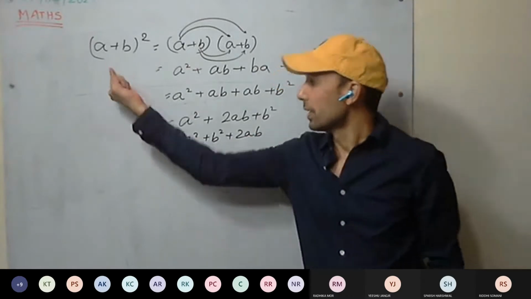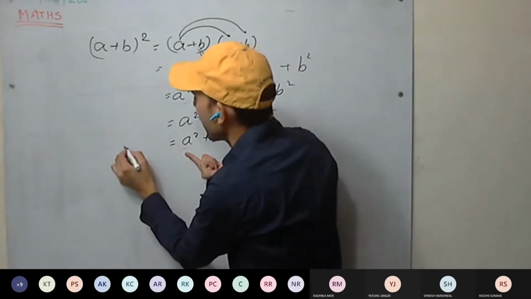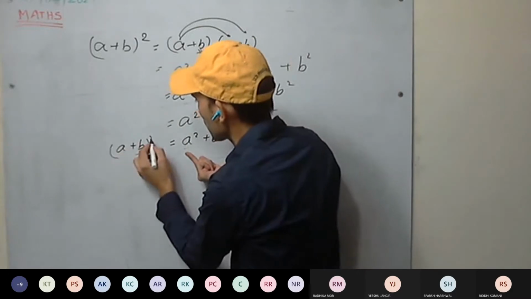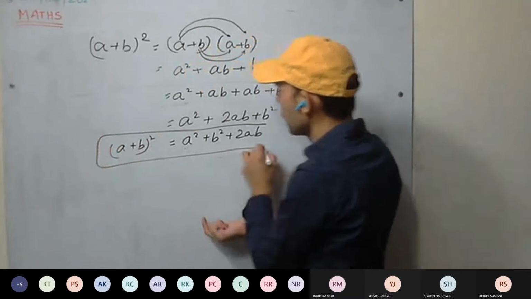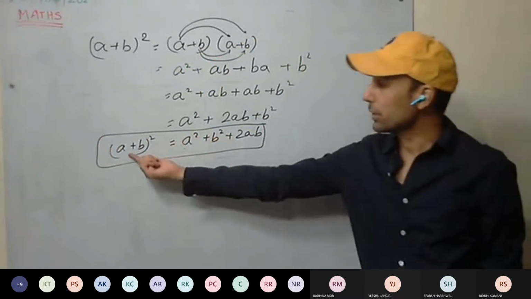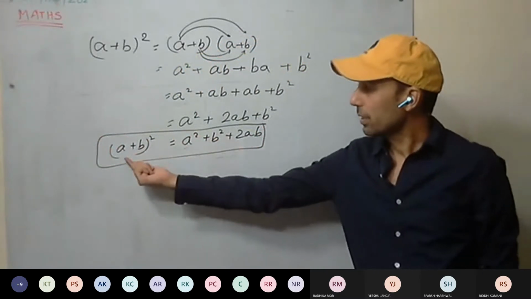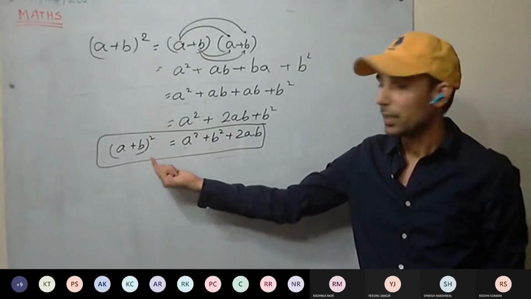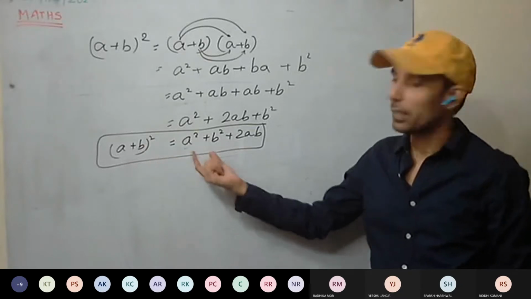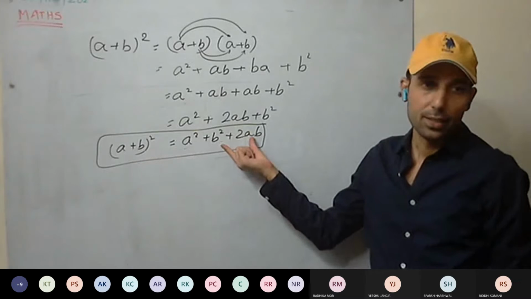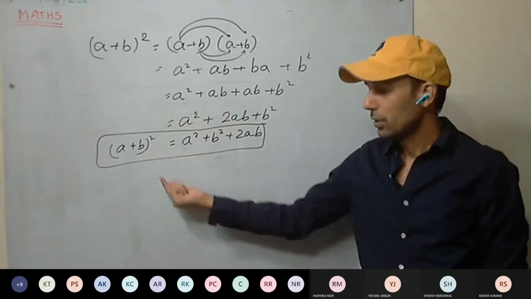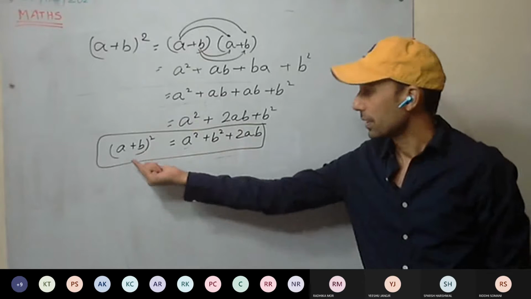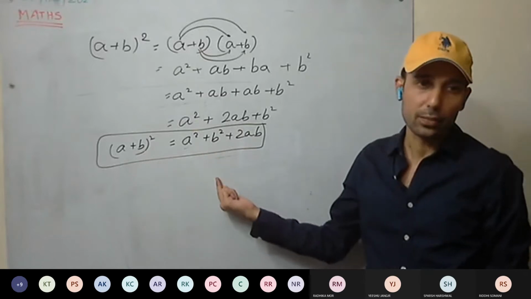And now see here. This expansion, A plus B the whole square, is true for all values. Put any numbers there and check. Take any numbers, A equal to 2, B equal to 3, and check whether the left hand side is the same as the right hand side. You put any values for A and B, you get the same answer. That means the left hand side and right hand side will be equal.